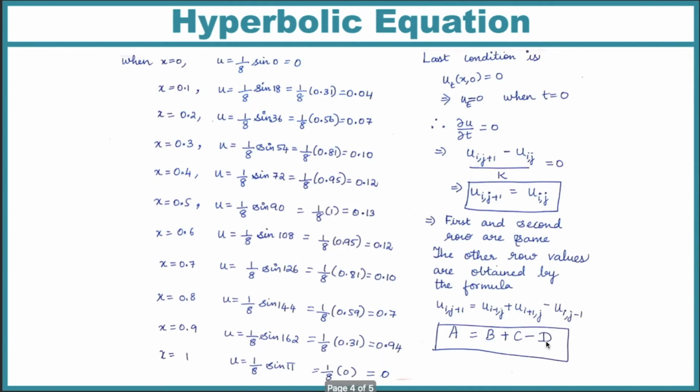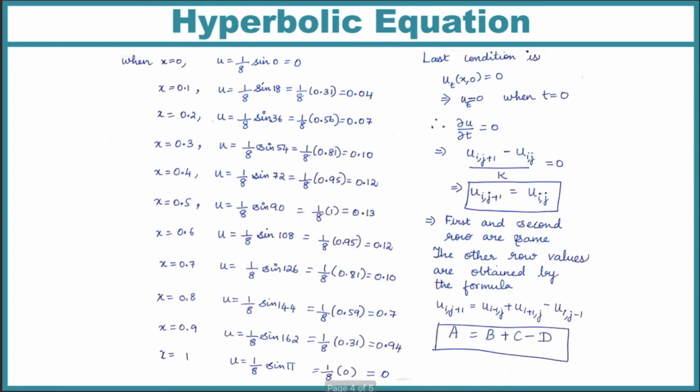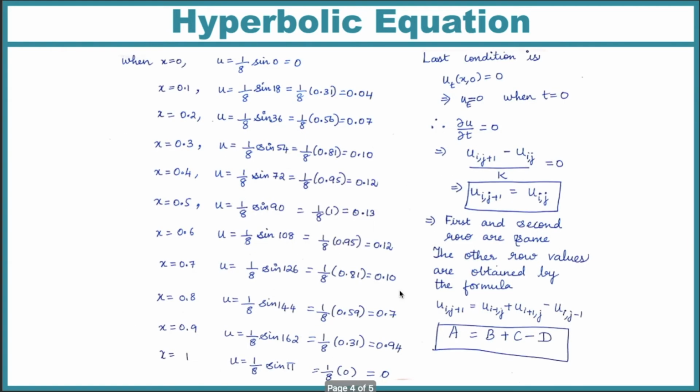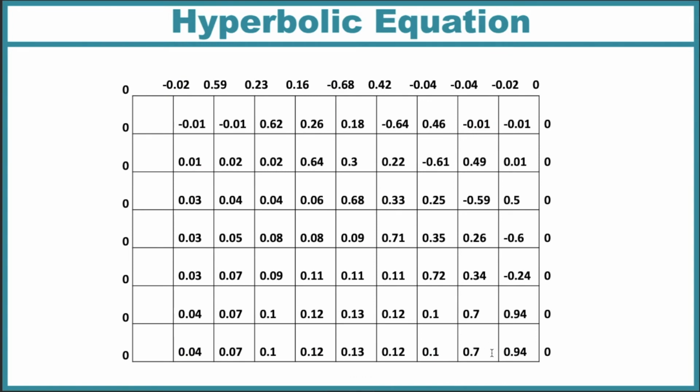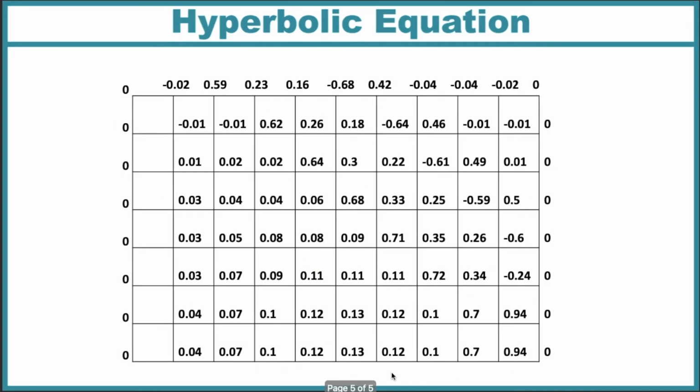Okay. So whatever values I have found here, I am going to substitute here. That is 0, then 0.04, 0.07, 0.10, 0.10, 0.12, 0.13, 0.12, 0.10, 0.07, 0.04 and 0.